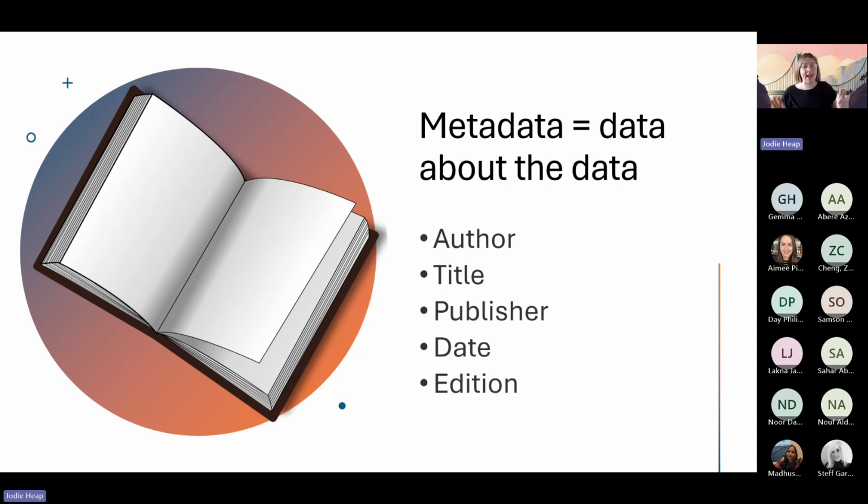So just in case you haven't, it's the data about the data. So when we have a file, for example, I want to know not what is in the file. I want to know who created the file. So who is the author? Is there a title? When was it published? Is there a date? Is there an edition? If we're thinking about books is the typical example here.